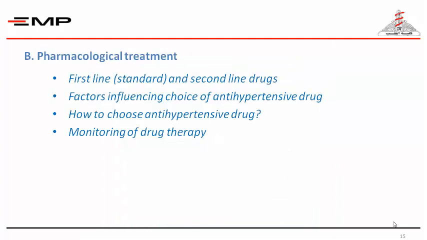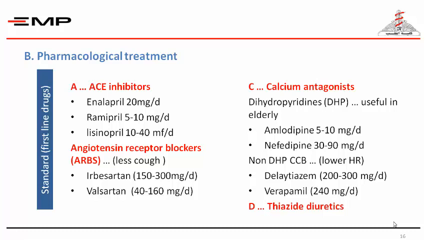Pharmacological treatment classes: we can classify them into first-line standard treatment and second-line drugs. We choose the antihypertensive drug according to certain factors, as we said before. How we choose the antihypertensive drug and how to monitor the drug therapy, we will talk about in detail. The first class is ACE inhibitors, or angiotensin converting enzyme inhibitors.